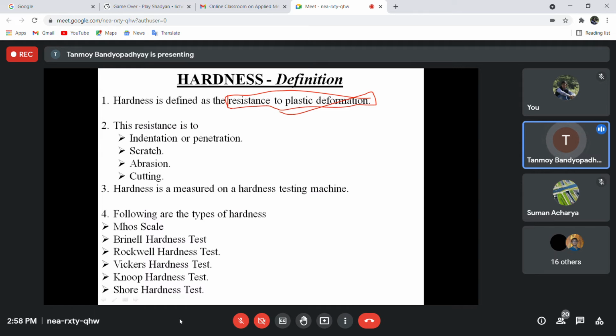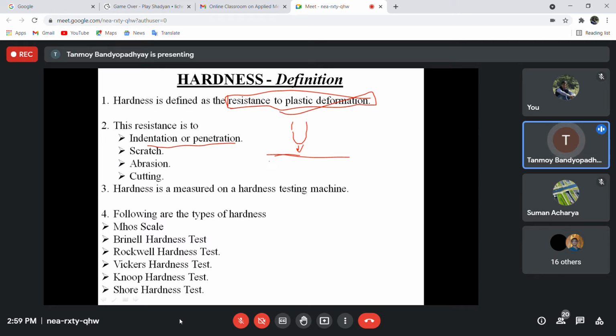We will only be studying the first one, the indentation or penetration hardness, where the indenter is indenting on the surface. Whatever the shape of the indenter, it is indenting into the depth of the material. If this is the direction of the applied load, and this is the surface of the engineering specimen, you will have some penetration.